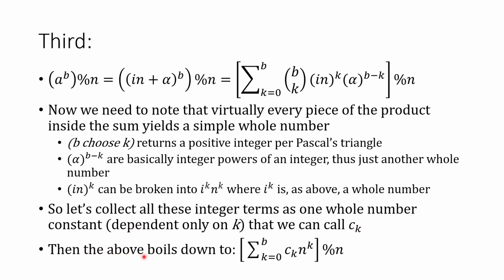So then the above nasty looking thing boils down to this, where all these terms except the n to the k, which is left here, I'm just calling c_k, because they're really all just a bunch of whole numbers multiplying each other, so it's just a constant. And this is the same as above, because we're still summing and we're still doing mod n.